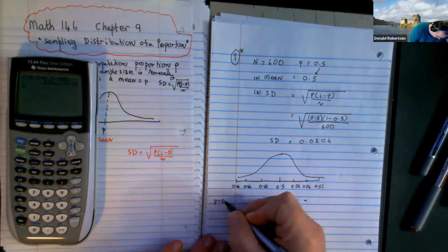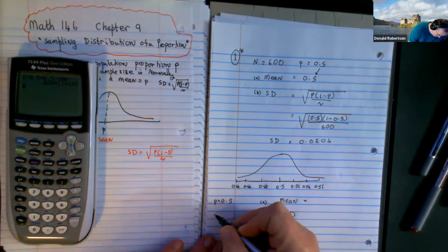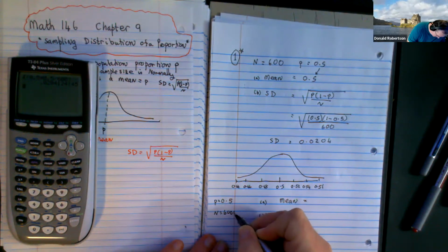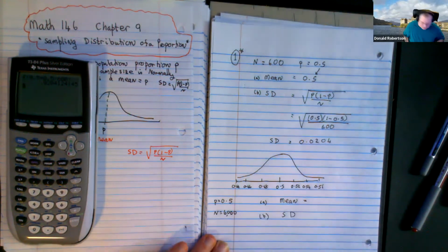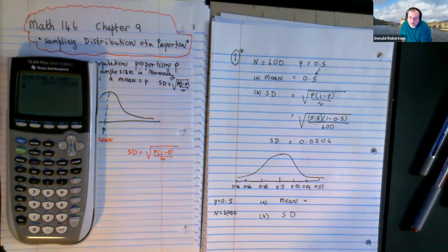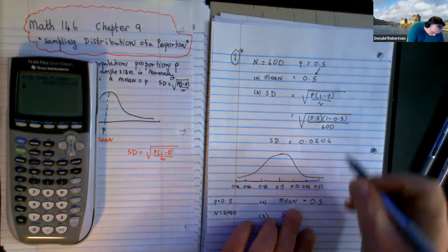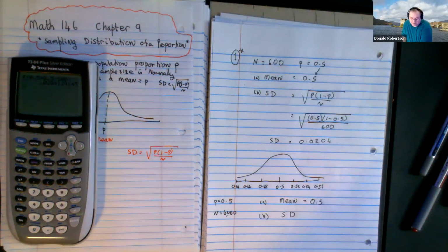Same p-value, same population, but this time we're going to take samples of size 6,000. The mean doesn't care how big the sample is. It's still going to be the population value 0.5.